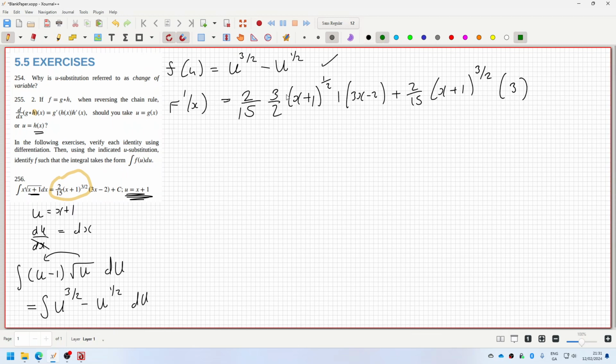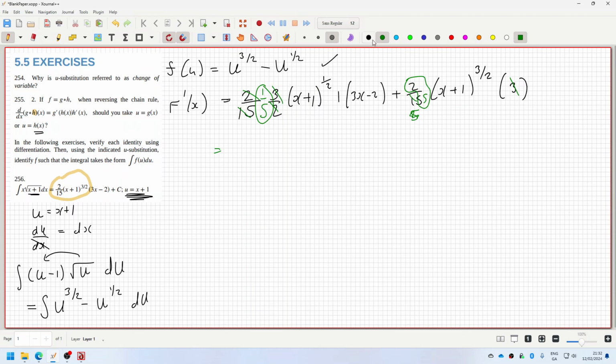All right. 2's cancel. 3 goes into 3 once. 3 goes into 15 5 times. So I'm left with just 5 here. 3 goes into 15 5 times. Okay, so I have a 1 over 5 here. And I have a 2 over 5 here.